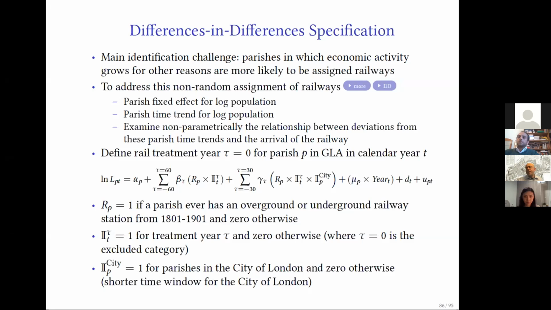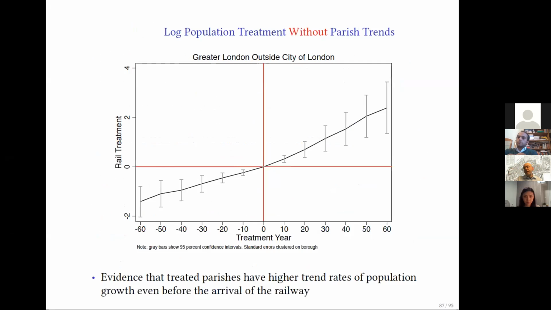And so when you run this event study specification, if you don't control for the fact that locations that are treated with the railway and those that are not treated with the railway have different rates of population growth, then you find that even before the arrival of the railway, these two sets of locations look as if they have very different pre-trends in population. And so here is an example of that.